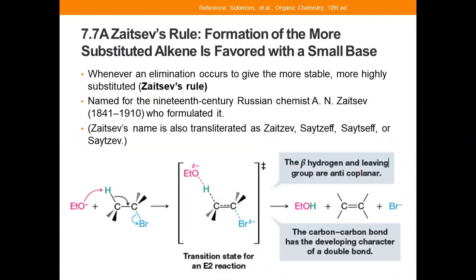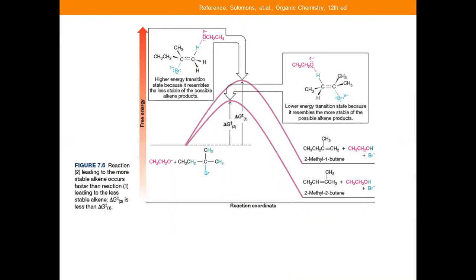Why is the more substituted alkene the more favored or more stable one? We can go back to the reaction coordinate and look at the free energy of the transition state. For example, in the reaction of 2-bromo-2-methylbutane with ethoxide as your base, the base abstracts a proton.